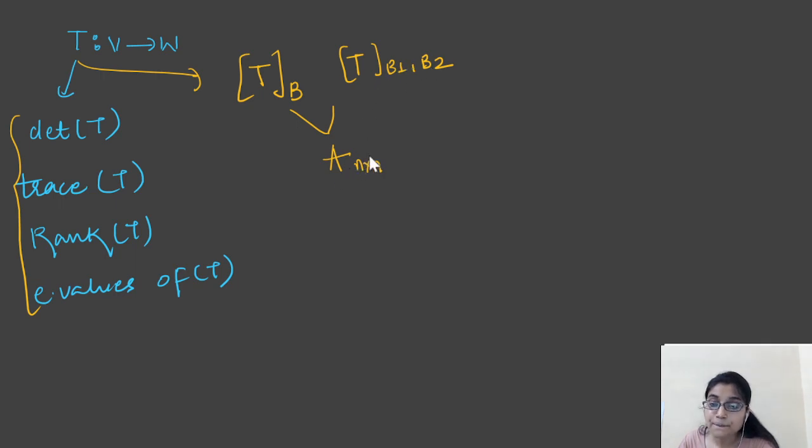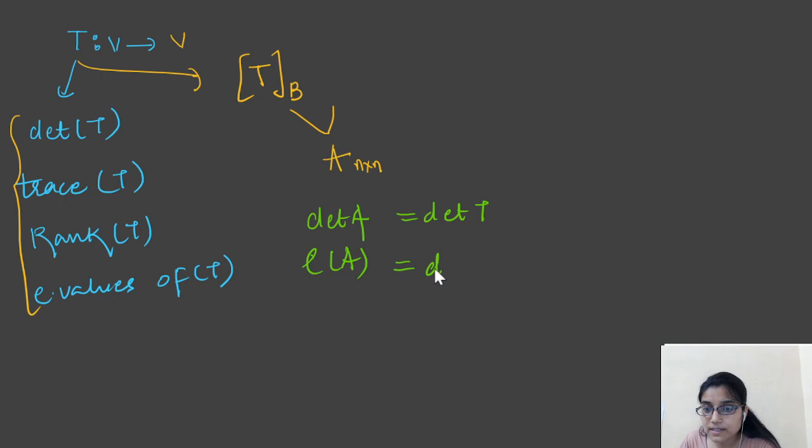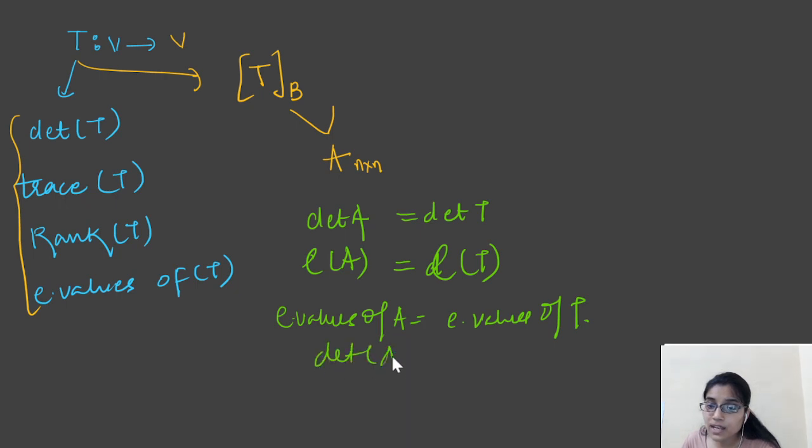Now you can find the determinant of A, and that will be equal to the determinant of T. The rank of matrix A is going to be the rank of linear transformation T. The eigenvalues of the matrix A are going to be equal to the eigenvalues of linear transformation T.